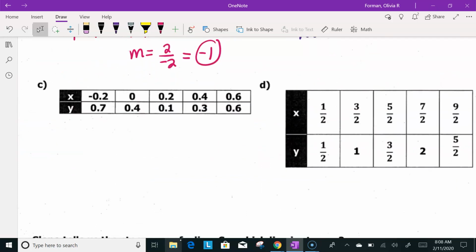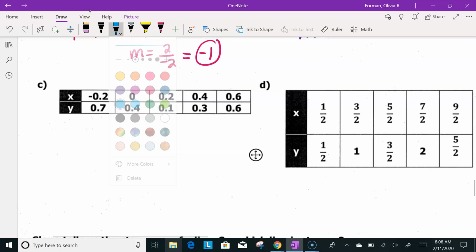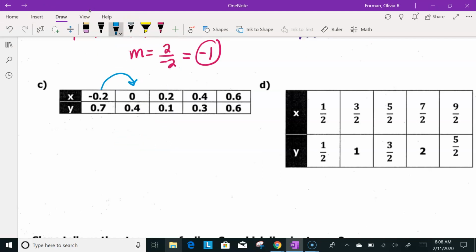Okay, letter C. We're going to go through the same thing. Again, negative 0.2 to 0, we would have added 0.2 or 2 tenths. To go from 0 to 2 tenths, we added 2 tenths. To go from 2 tenths to 4 tenths, we added 2/10. To go from 4/10 to 6/10, we added 0.2. Down here, to go from 7/10 to 4/10, we subtracted 3/10.